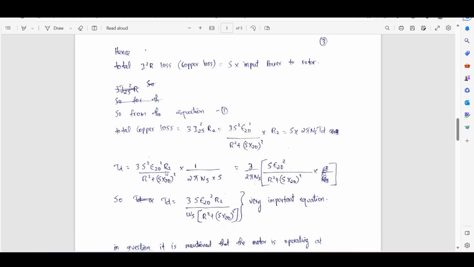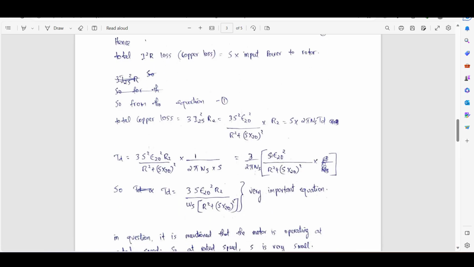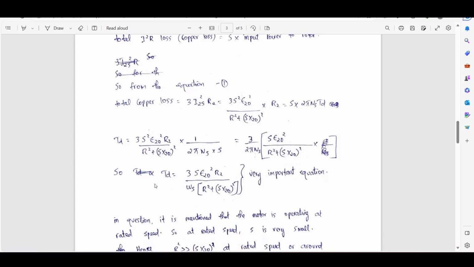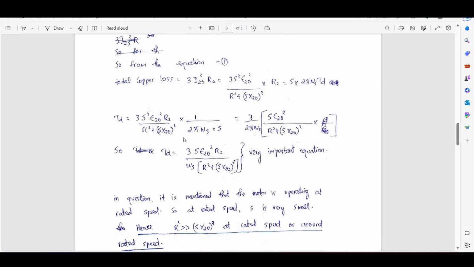After simplification from this equation, we can have the torque developed in the rotor equal to 3s E20 square R2 divided by omega s (R square plus Sx20 the whole square). This is the torque developed in a three-phase induction motor, and this equation is very important when it comes to competitive exams.